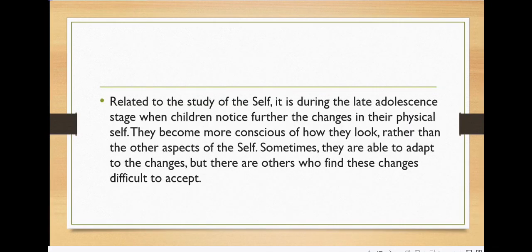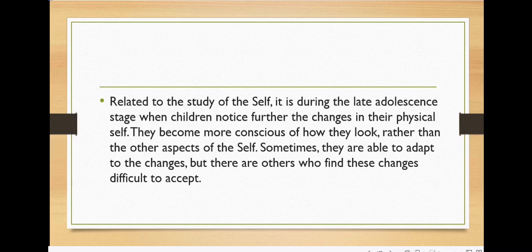So related to the study of the self, it is during the late adolescence stage when children notice further the changes in their physical self. They become more conscious of how they look rather than the other aspects of the self. Sometimes they are able to adapt to the changes, but there are others who find these changes difficult to accept.